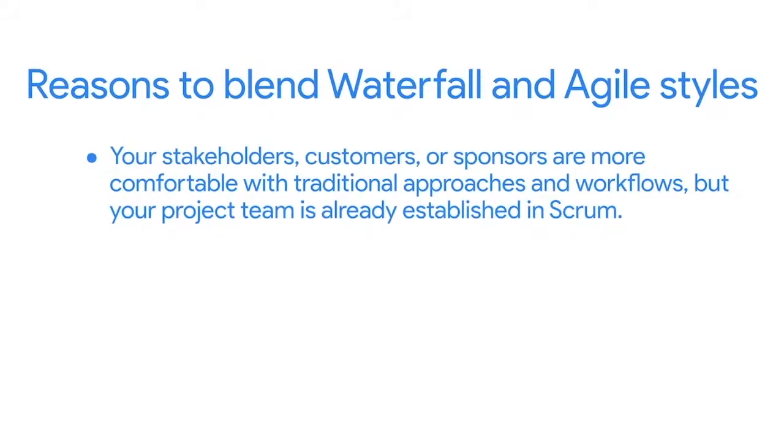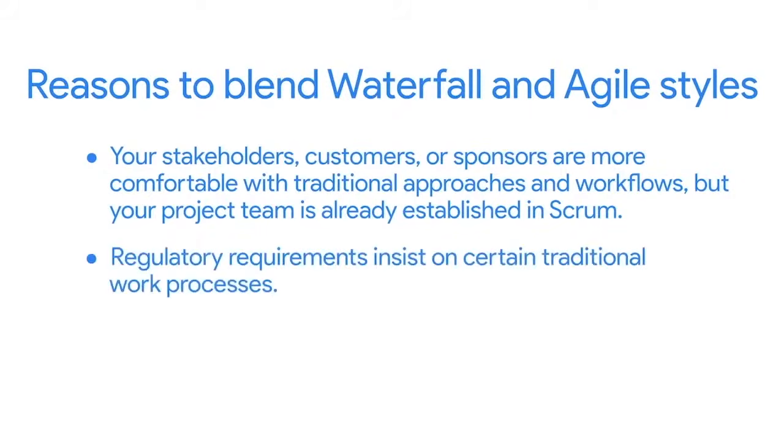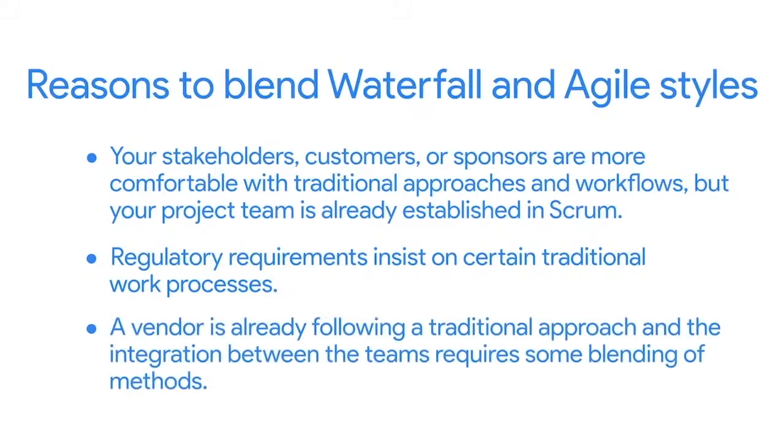But your project team is already established in Scrum and they wish to continue. Maybe there are regulatory requirements that insist on certain traditional work processes, such as large requirement documents for certifications. Or it could be that one of the vendors involved in a large project is already following a traditional approach, and the integration between the teams requires some blending of methods.